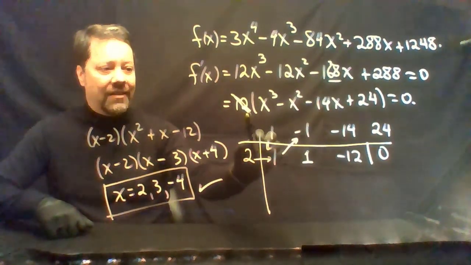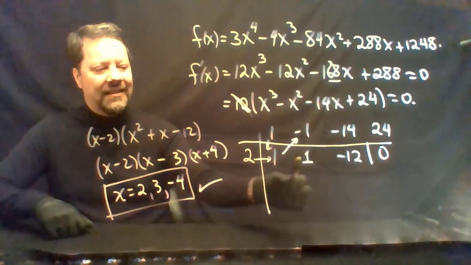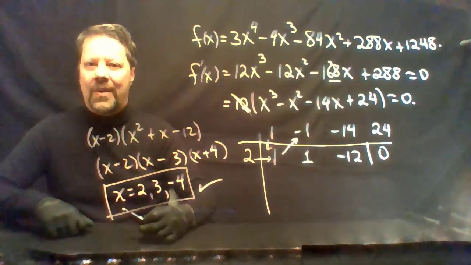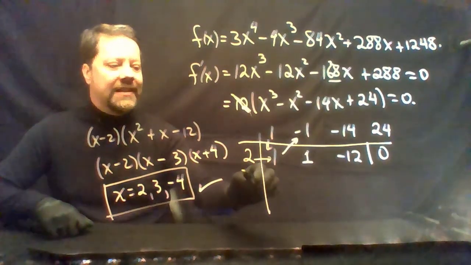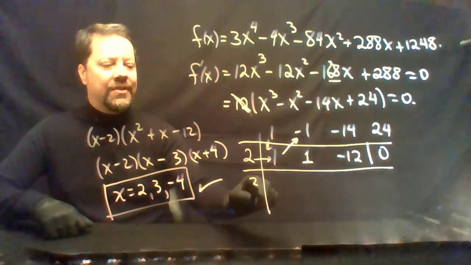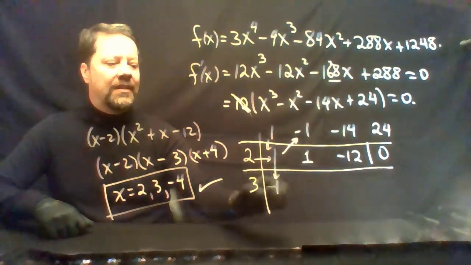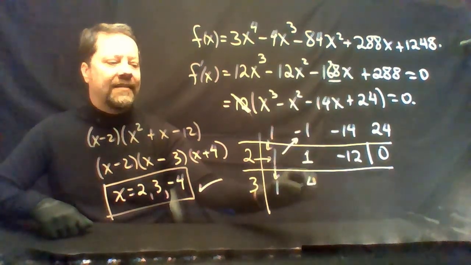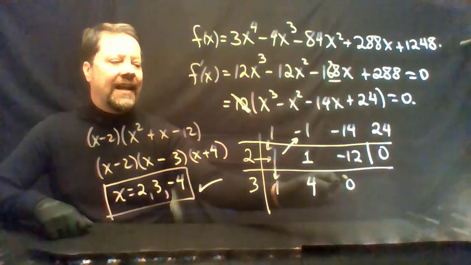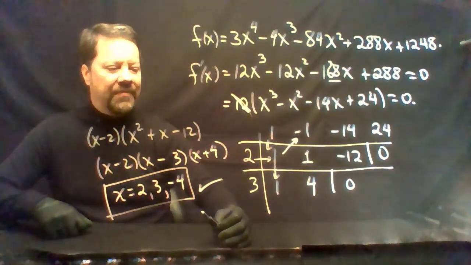We had to factor, we had to use synthetic division, and then just factoring a quadratic. We could have continued to use synthetic division. If we had chosen 3 here, we'll bring this 1 down, multiply and add. Multiply and add. That gives us the remainder of 0 here.